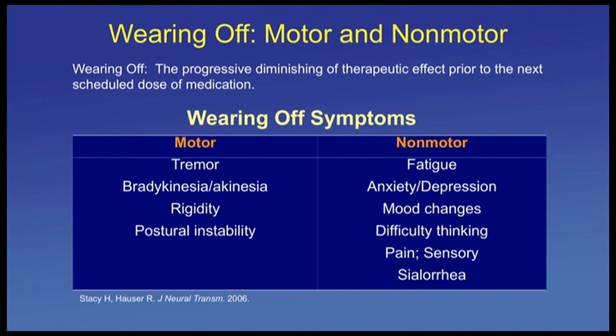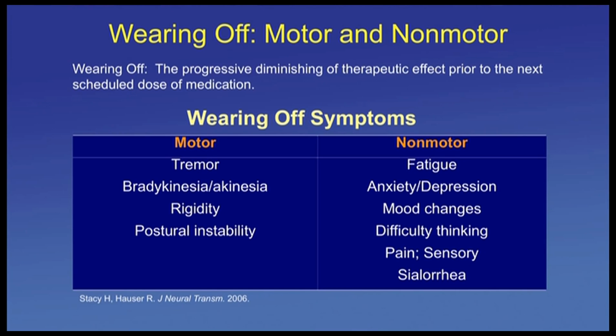I want to briefly go over some of the motor and non-motor symptoms that are associated with wearing off. Wearing off is a term where there is a progressive diminishing of the therapeutic effective response that the patient experienced before. And it usually occurs especially with L-DOPA, but sometimes with dopamine agonists, not usually with other medicines, but L-DOPA is the one it's most associated with.